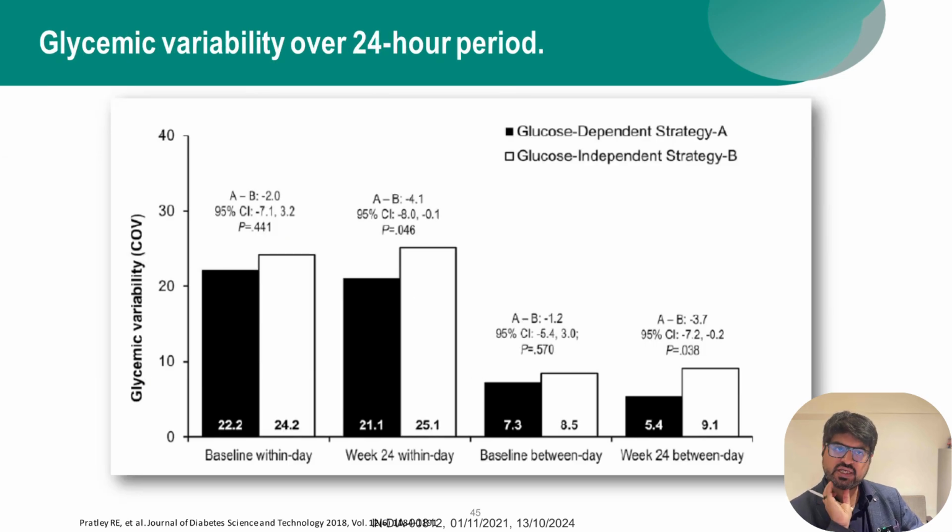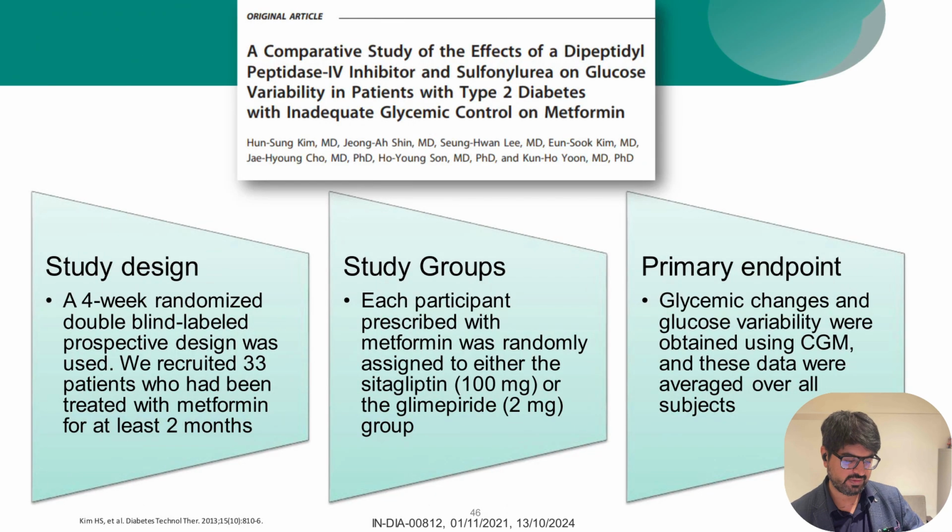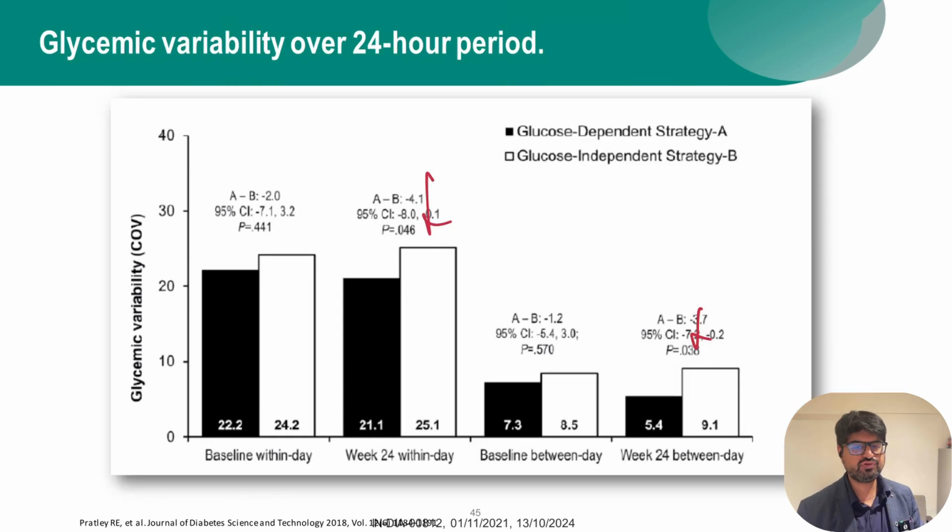Now again, if you see glycemic variability over a 24-hour period, within the day, within 24 weeks, baseline to different periods of time, again more or less glycemic variability is more with strategy B, right? So the idea is that basically you can use drugs which reduce glycemic variability, and by using such drugs you are actually doing well in terms of the hypoglycemia risk.